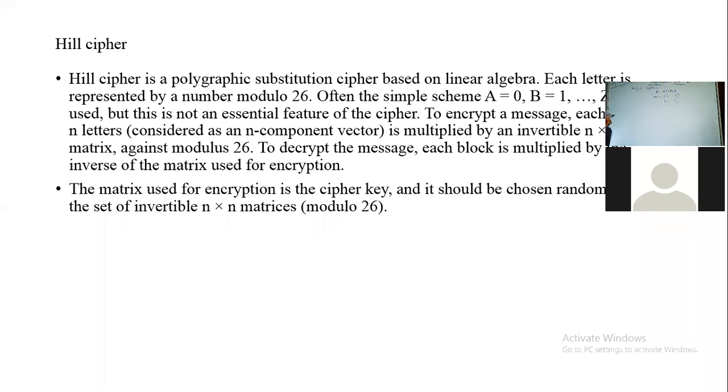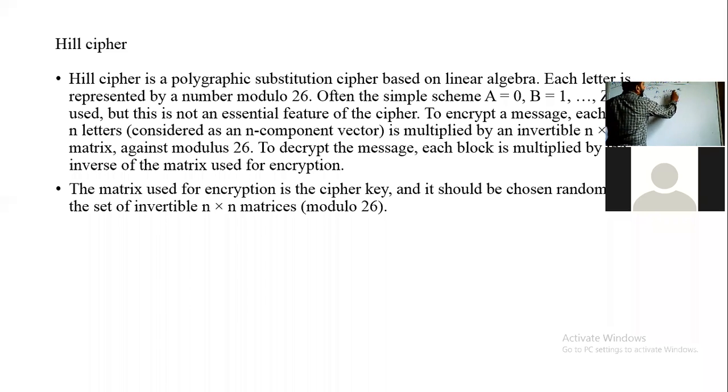Now you have to convert the plain text into the cipher text using Hill cipher. How does it work? We have a formula for encryption: C is equal to KP mod 26. K is the key, P is the plain text.